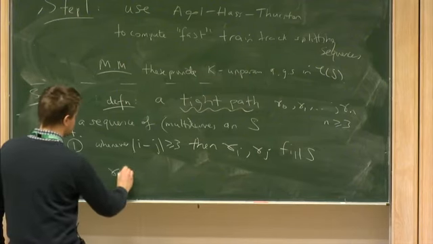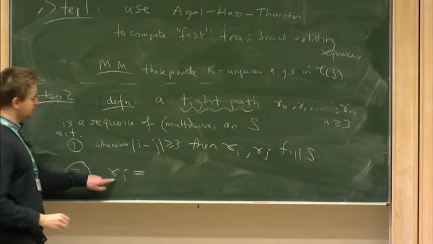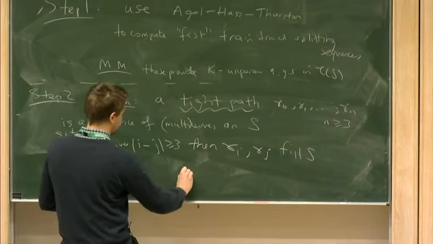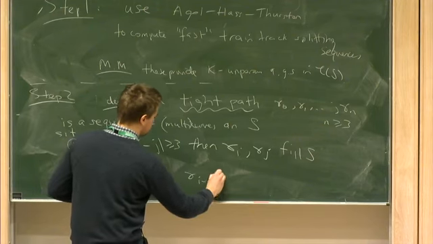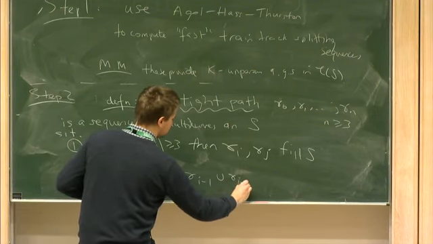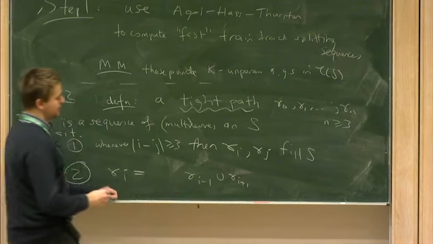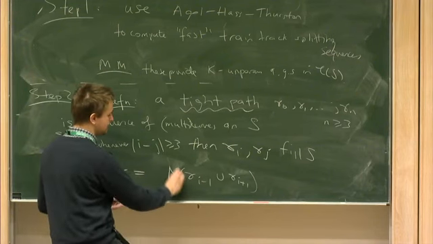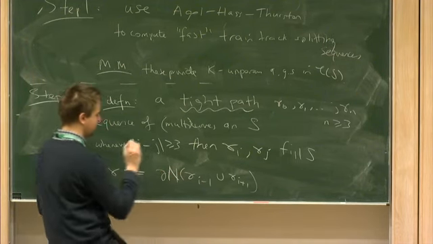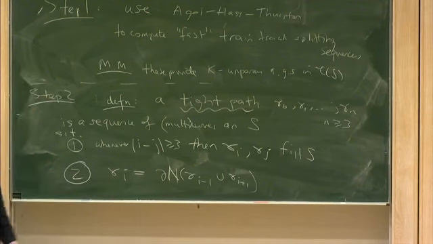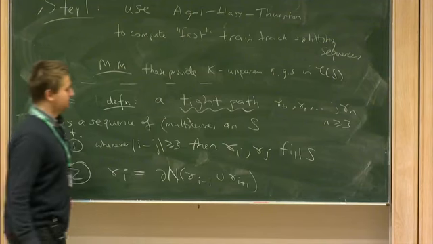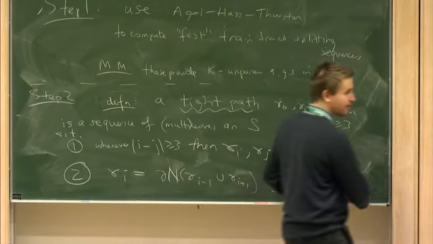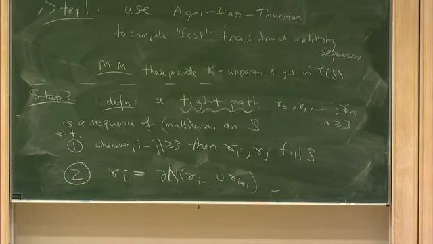And lastly, gamma i is always obtained by taking gamma i minus 1 and gamma i plus 1, uniting them, taking a regular neighborhood and then taking the boundary and keeping the essential curves. Okay, so I think I'll stop there.